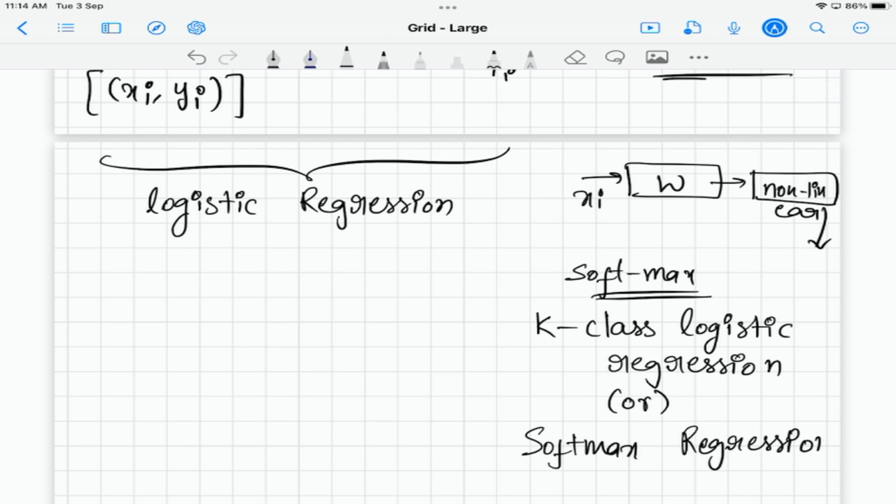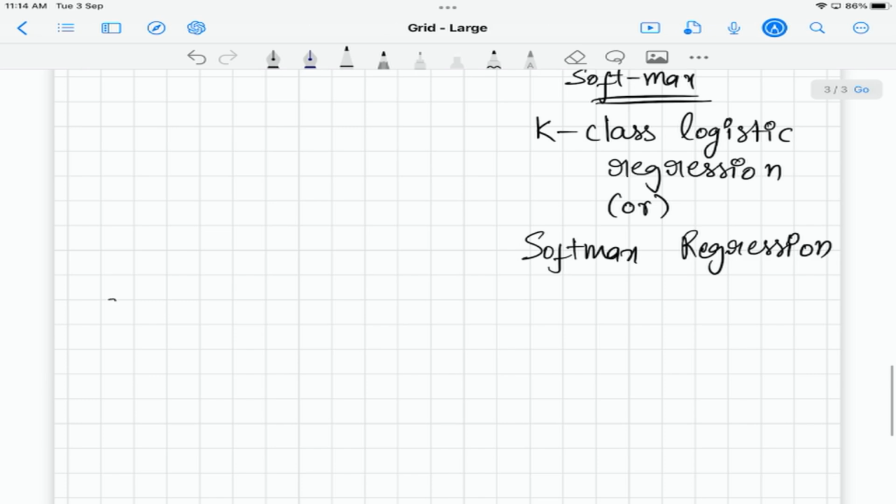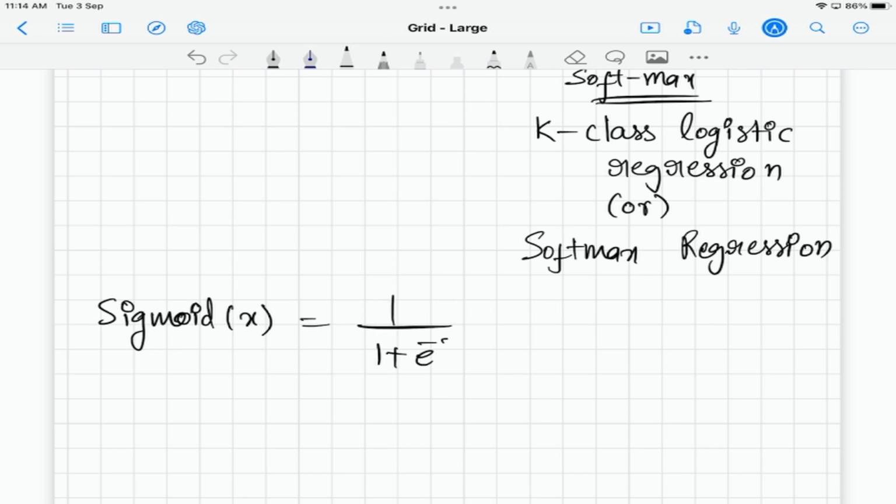So let's see what softmax and sigmoid are. You know the function for sigmoid, right? Sigmoid of x is defined as 1 by 1 plus e power minus x.